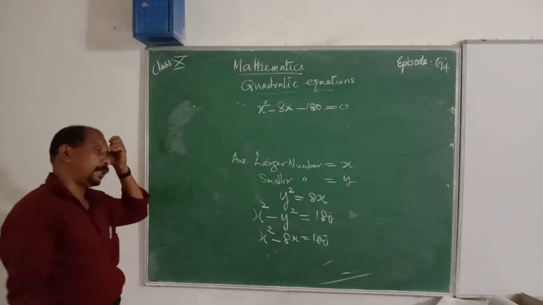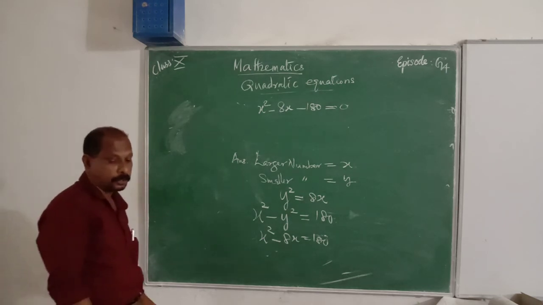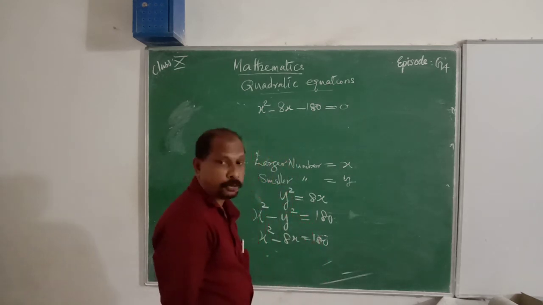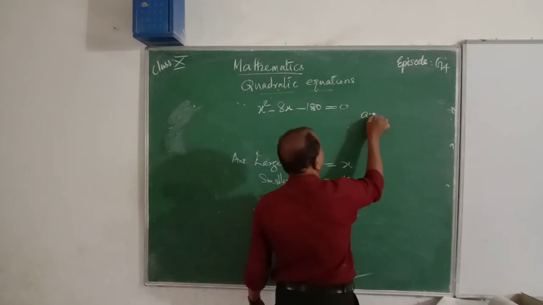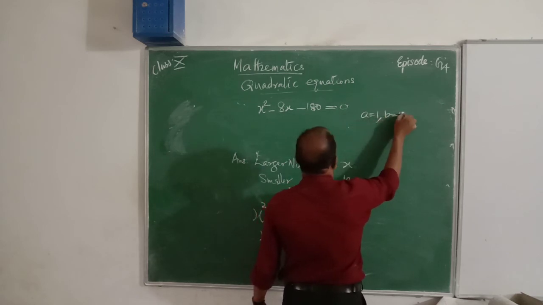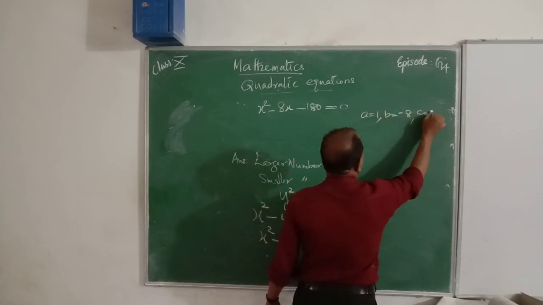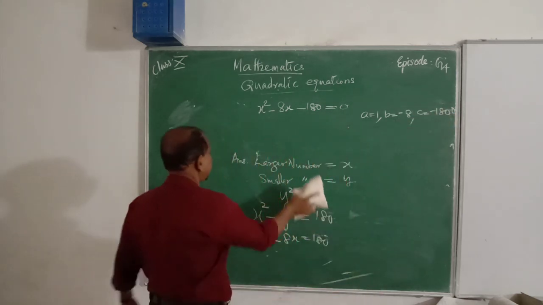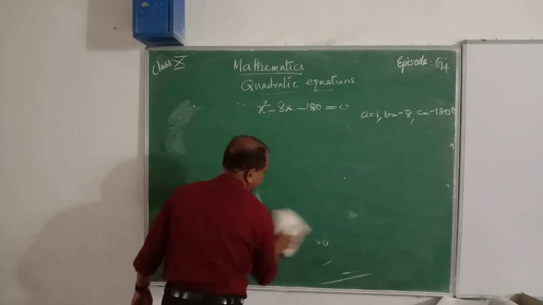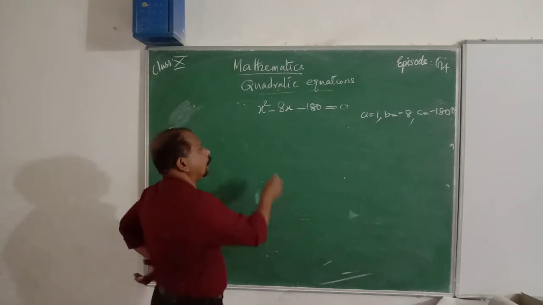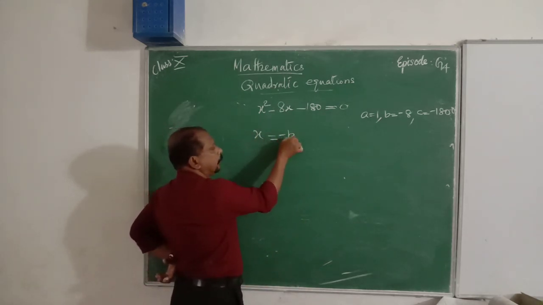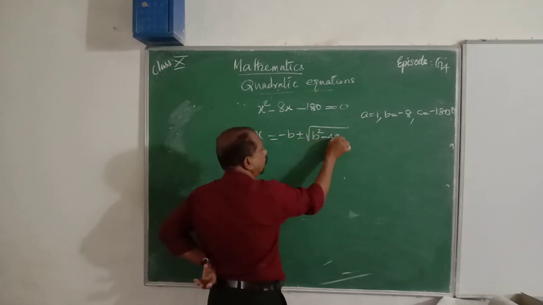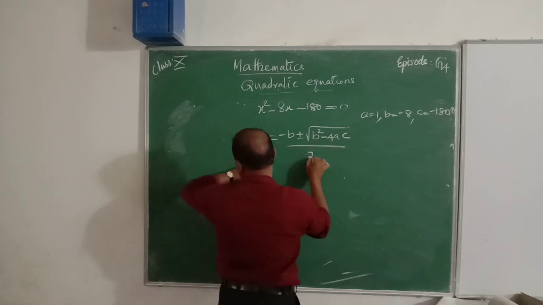Then the sum is minus 8 and the product is 180. Or we can use the quadratic formula. That is a is equal to 1, b is equal to minus 8, c is equal to minus 180. Therefore, x is equal to minus b plus or minus root of b square minus 4ac all divided by 2a.